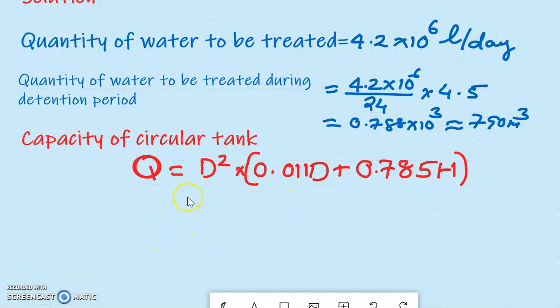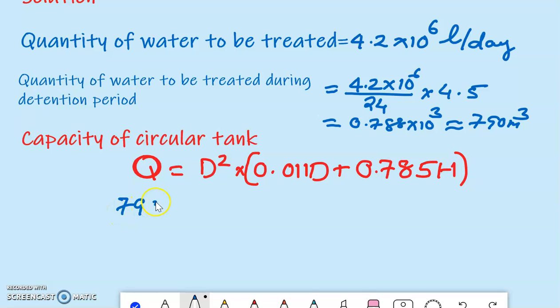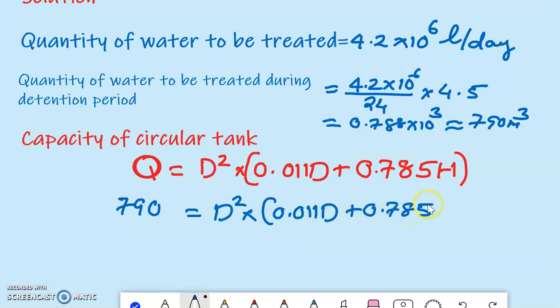We know that Q is 790 meter cube. So 790 meter cube, this will be equal to D. We don't know what is D. D has to be determined. So let it be D square itself into 0.011 D plus 0.785 H. H is given in the question as 3.3 meter.